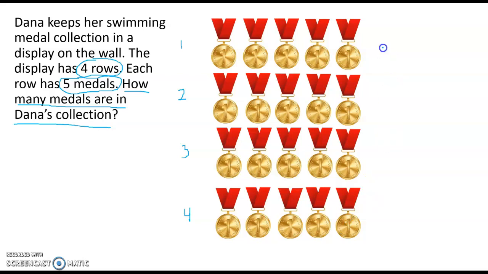So I've got 4 rows with 5 in each row. So I've got 5, 4 different times, or 4, 5 different times. 4 times 5.